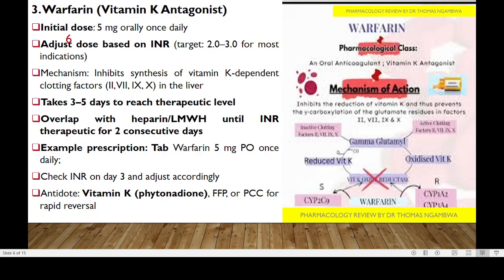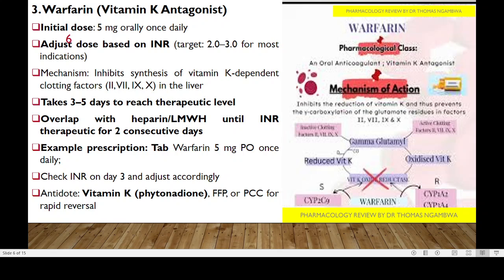The third drug is warfarin, which is the vitamin K antagonist. For the initial dose, you give 5 mg orally once daily. Then you can adjust the dose based on the INR. Remember, the target for the INR is 2 to 3 for most indications.